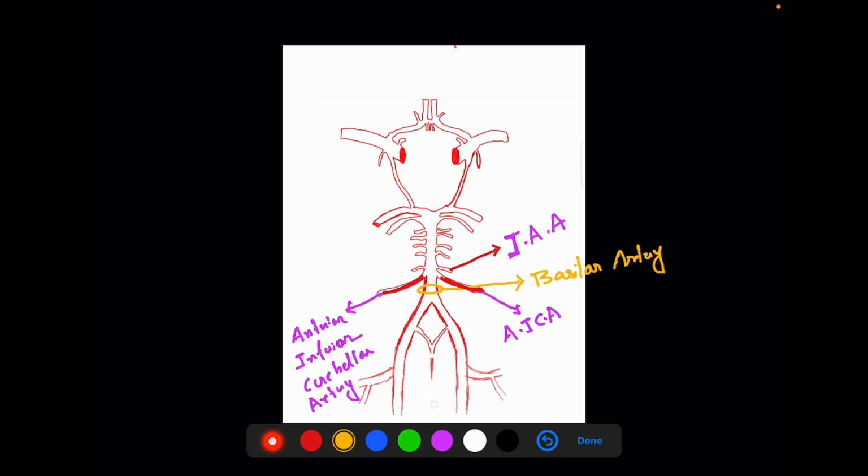Now you will see many branches here, 1, 2, 3, and 4. These branches are called pontine branches.